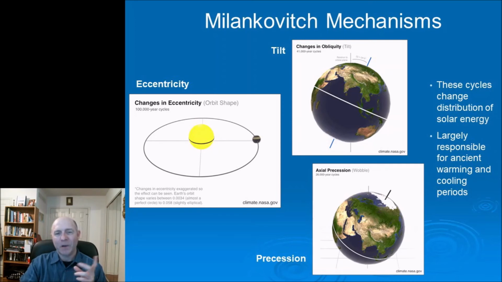All right. When you go back and watch this, when you go back and load the slides, you'll see these are animated GIFs. All right. The Earth's orbit is not a perfect circle, it's an ellipse. And there are changes in the eccentricity of the ellipse on 100,000-year cycles.